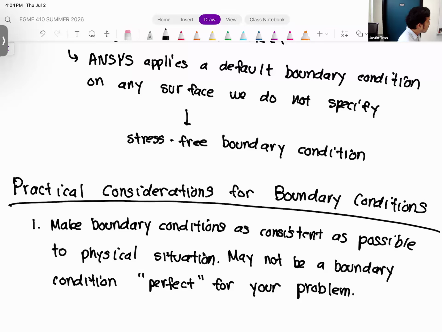Okay. But you may run into a situation where you have to make an assumption. You may have to simplify your real life situation just so that you can apply it in FEA. So don't be afraid to do that.